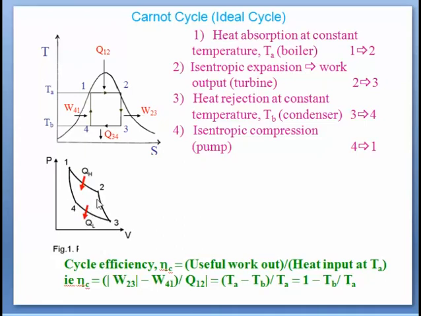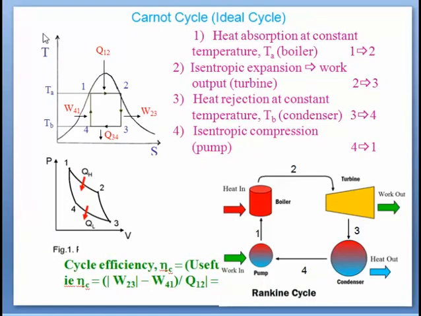As you are aware, in an isentropic process, also known as reversible adiabatic, no heat exchange takes place between system and surrounding. So in this Carnot cycle, all the heat addition or rejection will take place across the isothermal processes, that is 1 to 2 and 3 to 4. And 4 to 1 is isentropic compression, or reversible adiabatic compression, that is pump work.